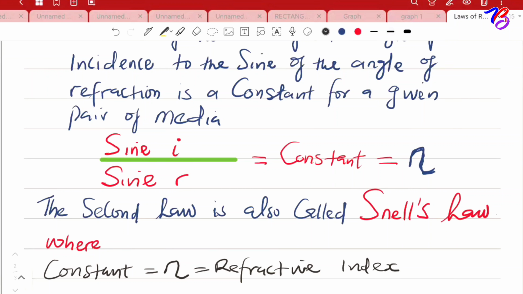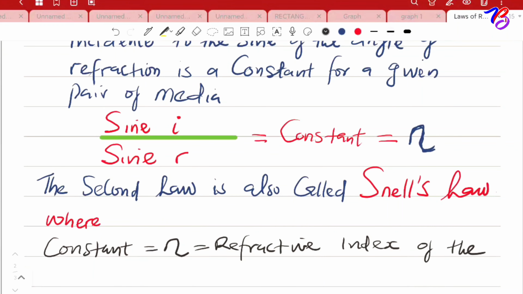Refractive index of the second medium. So it has to be the glass. Okay? Second medium. If you have any question, drop them in the comment section so we can go through them. So, refractive index of the second medium. Take note of this.